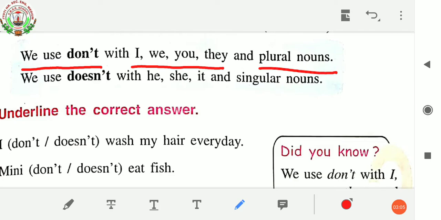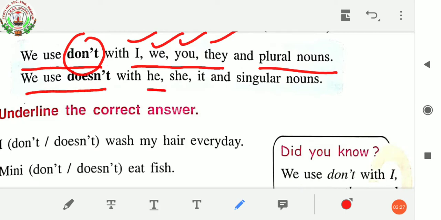More than one is known as a plural noun. And then we use doesn't with he, she, it, and singular nouns.